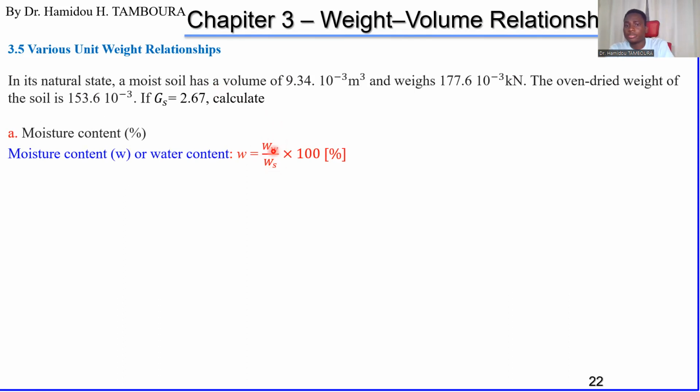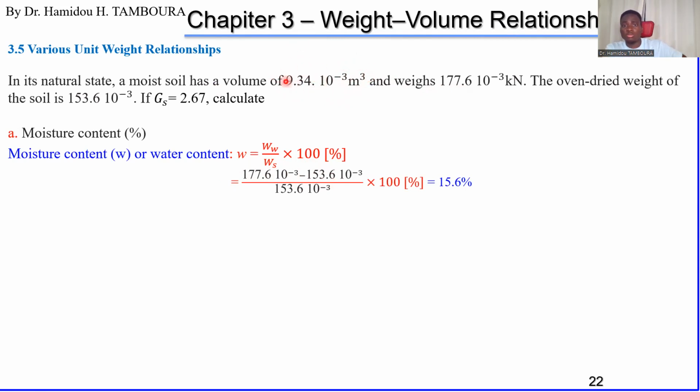So here we can use the weight of water divided by the weight of the solid phase, the solid soil, meaning dry soil. The weight of water can be obtained because we have here the weight of the soil, meaning wet soil.